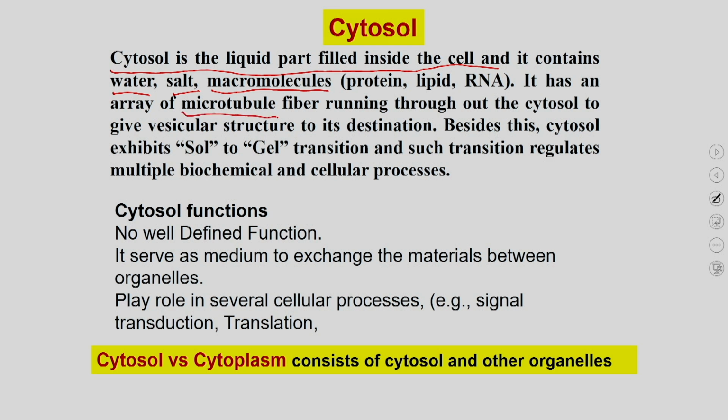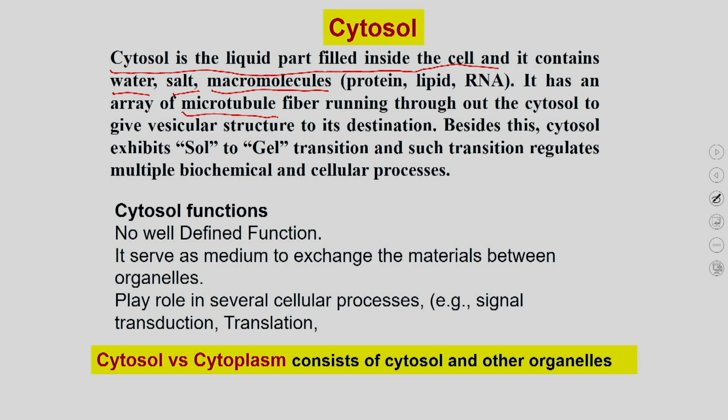Microtubules are the fibers which are running throughout the cytosol, and these microtubule mediated vesicular structures have a role in providing the destination to the vesicles which are going from one organelle to another organelle.